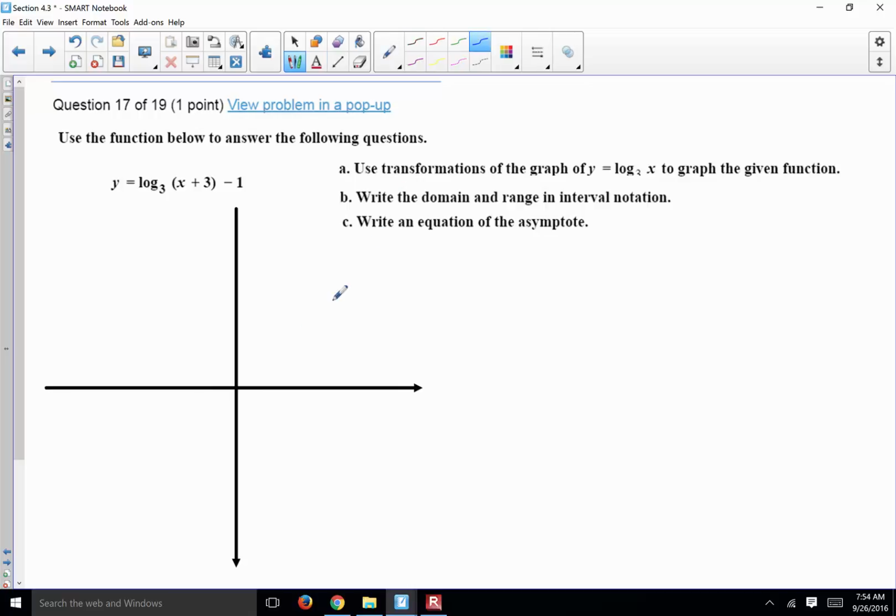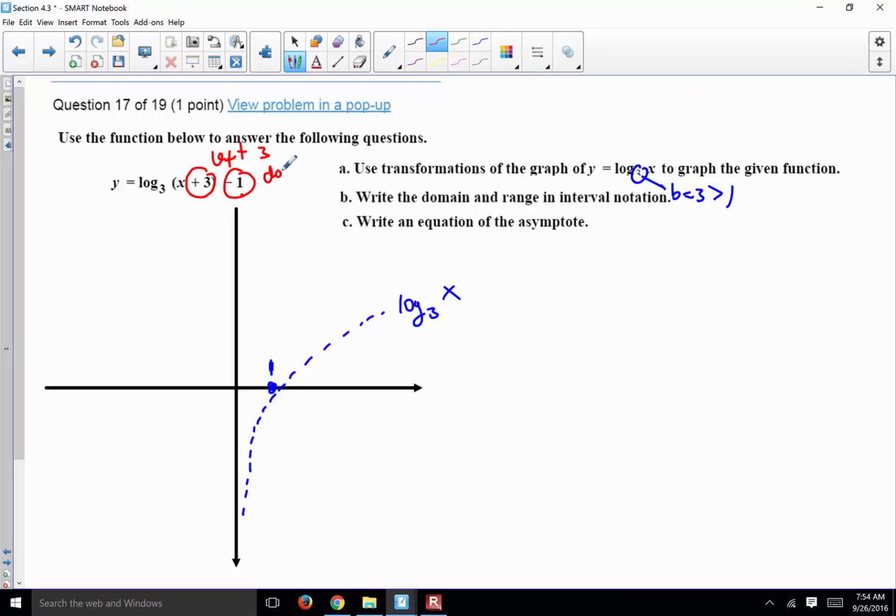So log base 3 crosses at 1. All logarithms cross the x-axis at 1, but since the base b is 3, which is more than 1, it's a rising graph. Okay, this is log base 3 of x only, but our actual function has 3 added. This is a left shift, and it has a -1 on the outside.